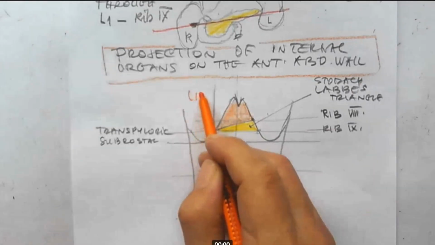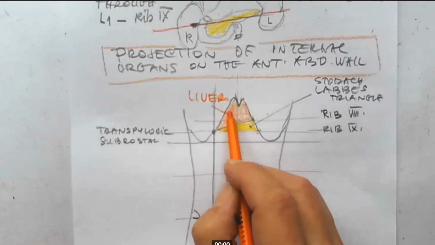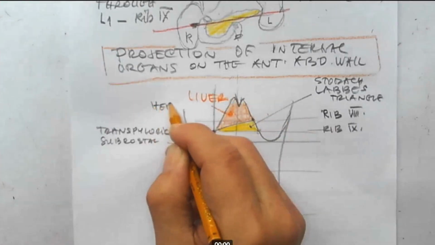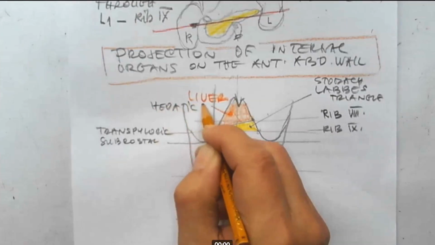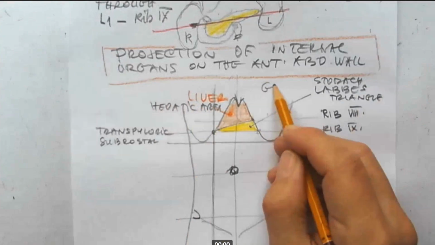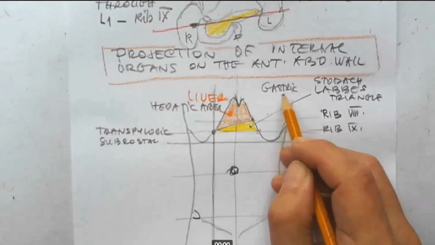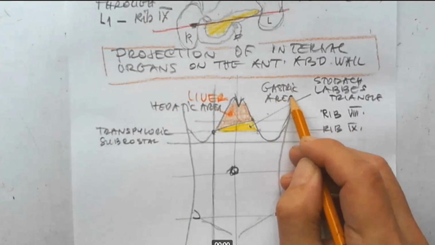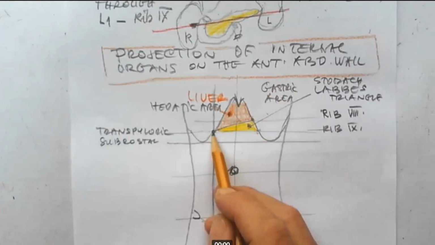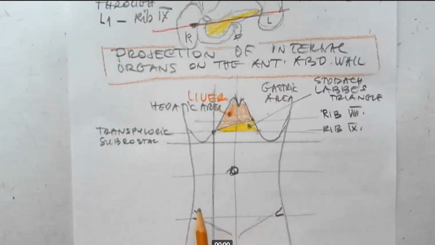So we could say just liver, or we call it also hepatic area. We could say hepatic area, or here is the gastric area. Doesn't matter, the gastric area. Both terms could be used. Gastric area, hepatic area, that one. So we see this is quite correct.